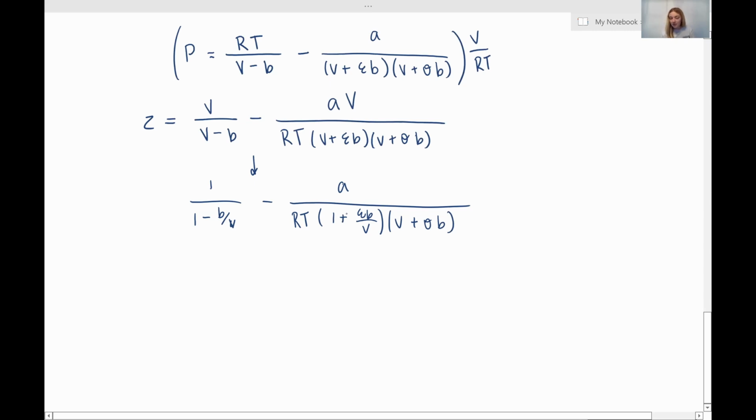The reason we're doing this is that we want to rewrite the expression so that it has the compressibility factor in it. In real world applications, you would be given pressure and temperature, and you'll want the specific volume. So essentially, we're making it easier to find that volume by deriving this cubic polynomial equation for the compressibility factor.